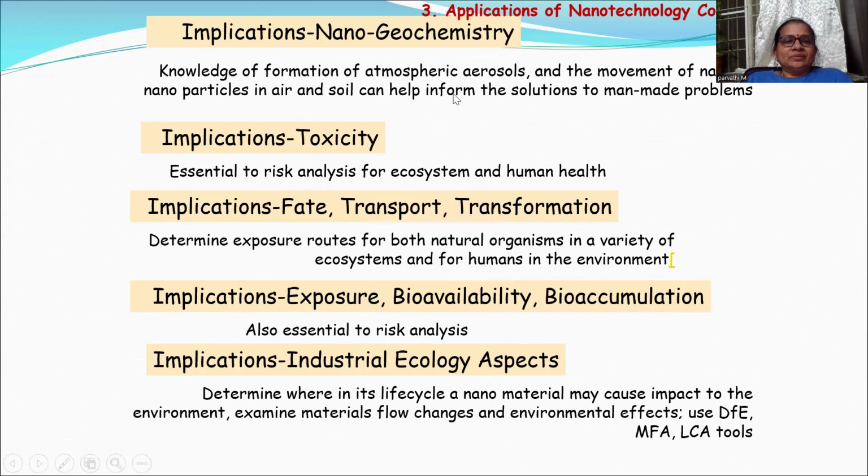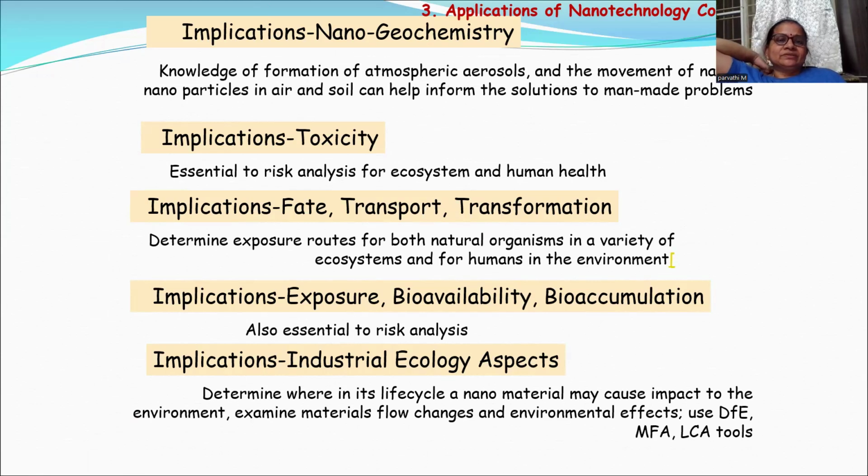Coming to the industrial applications, like nano geochemistry: knowledge of the formation of atmospheric aerosols and the movement of natural nanoparticles in air and soil can help inform solutions to man-made problems. So this is another area, geochemistry, where we can use nanomaterials for better identification of solutions to man-made problems.